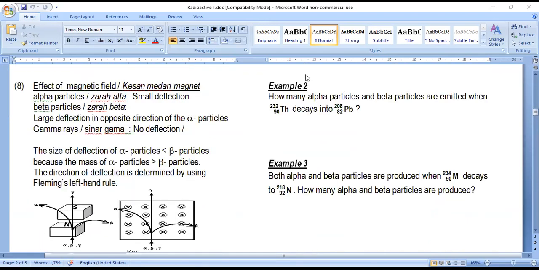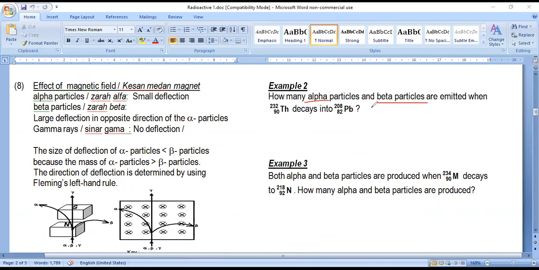Now this one: they ask how many alpha and beta particles are emitted when thorium 232, 90, decays into lead 208, 82. They ask how many alpha and beta particles, that means more than one alpha and more than one beta is emitted. We want to know how many alpha and how many beta.